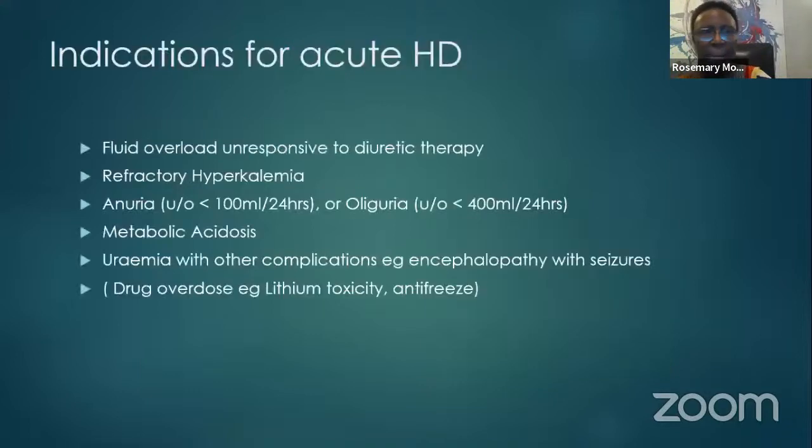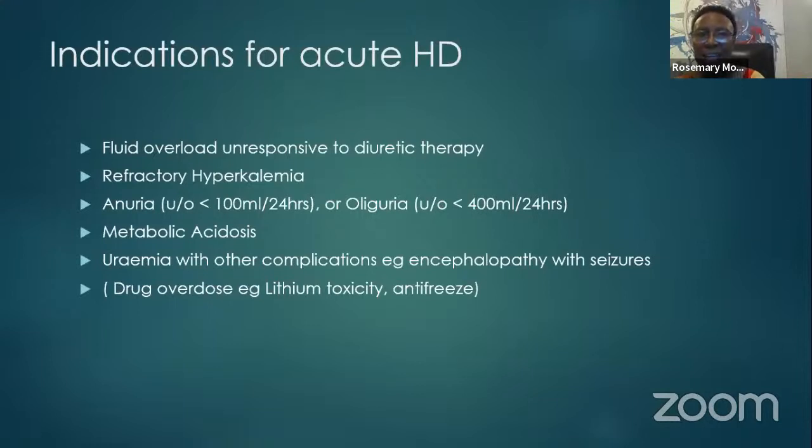Yes, all right. So what are the indications for your acute hemodialysis? You are in casualty or in the medical ward, and this is one thing that I always teach to our interns and our medical officers. That is, if your patient is fluid overloaded and they're unresponsive to diuretic therapy, or your patient has got a refractory hyperkalemia, that is, you keep on shifting the potassium, but it stays where it is.